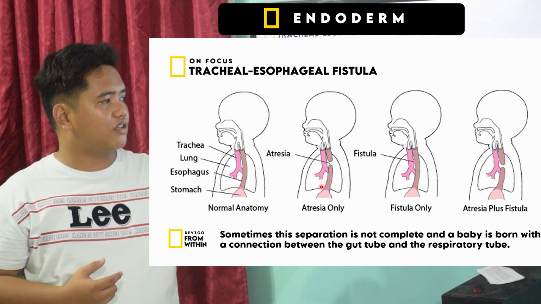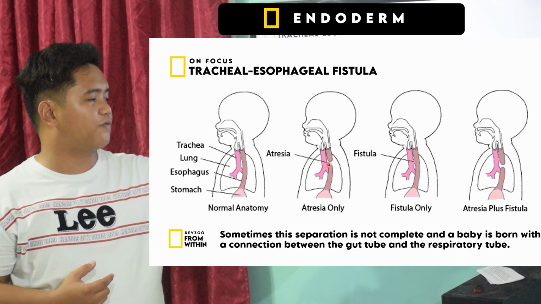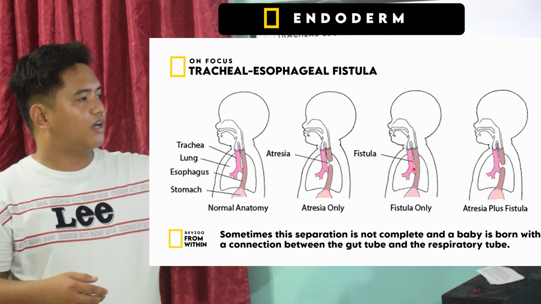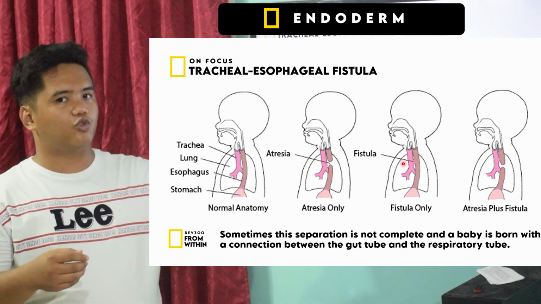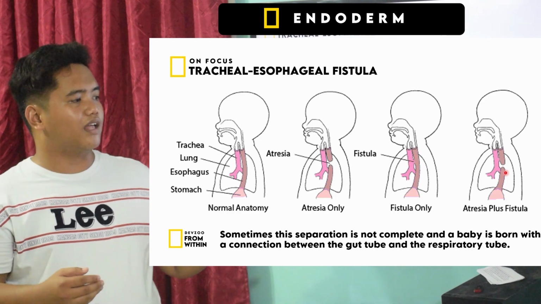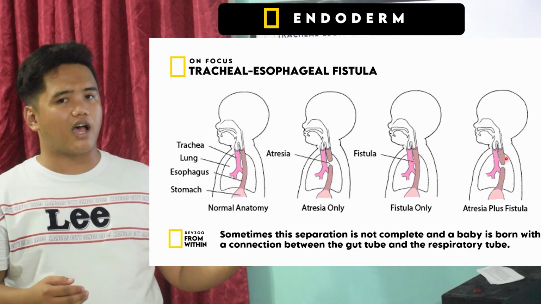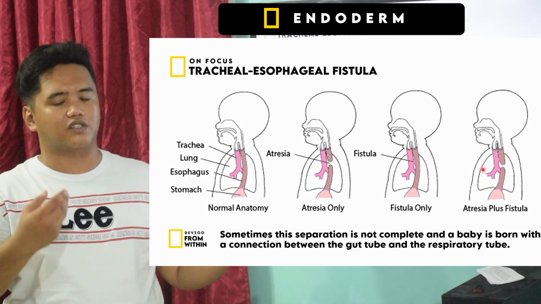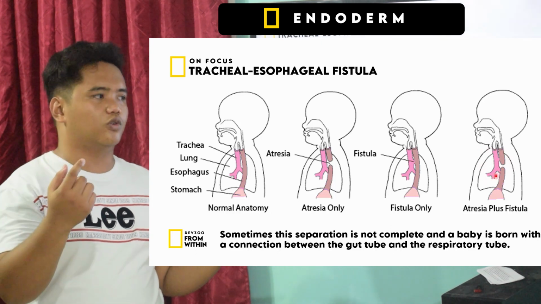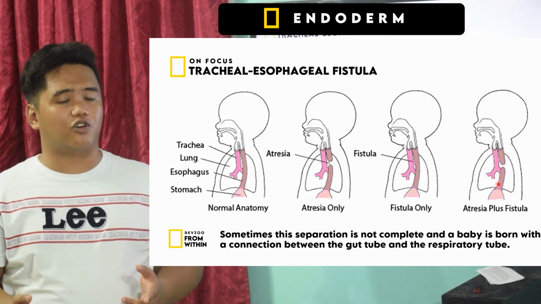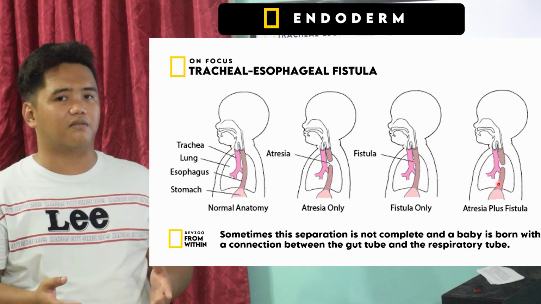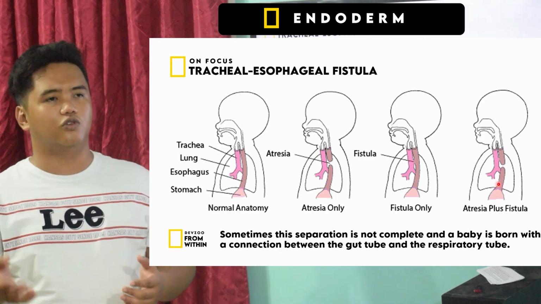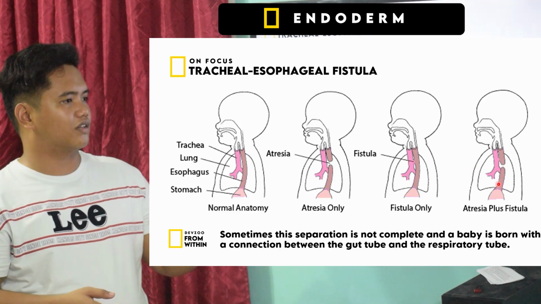In atresia, the tube of the esophagus is cut off. In the fistula, the two tubes are combined. And in atresia plus fistula, the esophagus is cut off and then connected to the trachea. This type of disorder or deformity can be corrected using surgical methods.